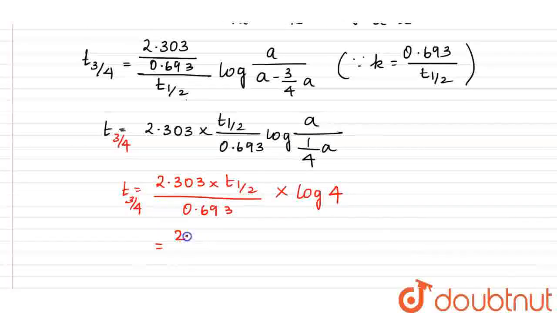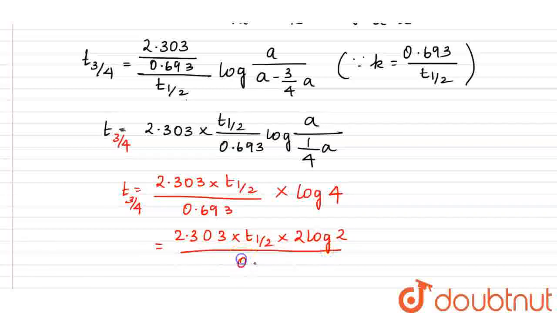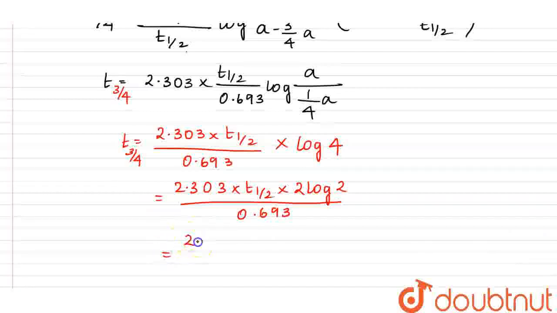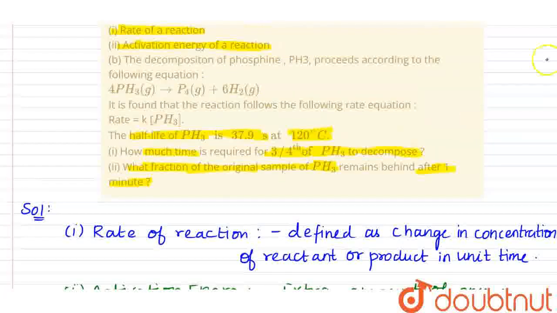So then it will become 2.303 into T half into log 4, and we can write log 4 as 2 log 2, divided by 0.693. So then 2.303 into T half; the half-life period is already given as 37.9 seconds.